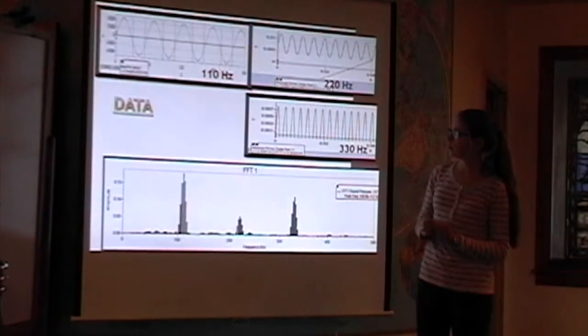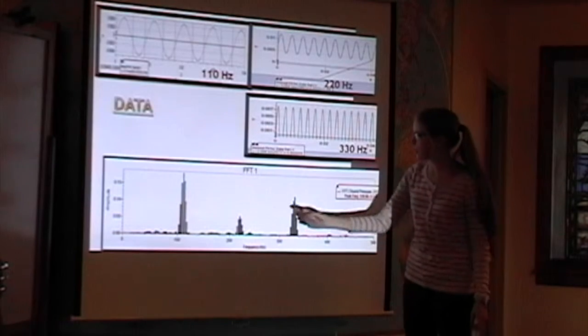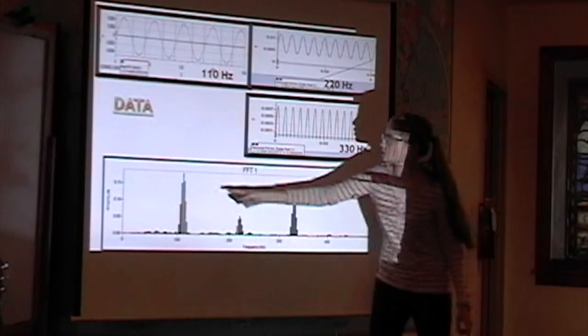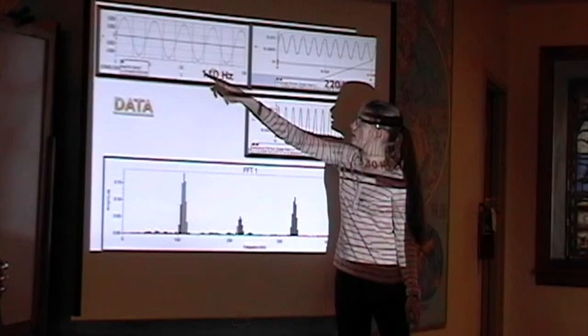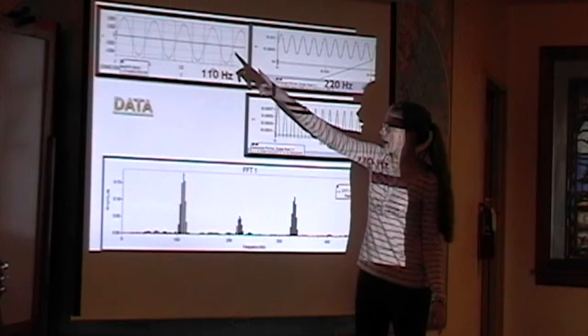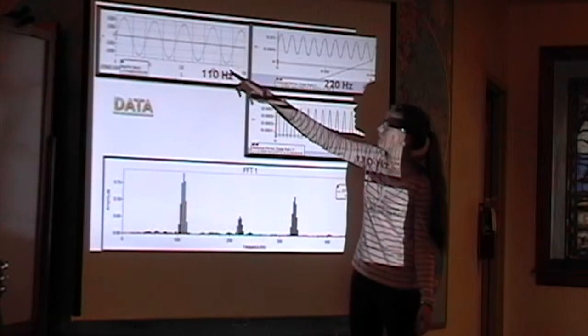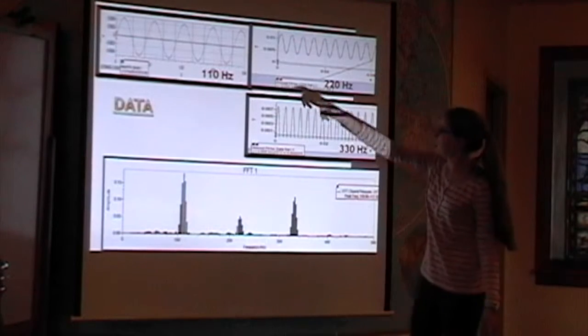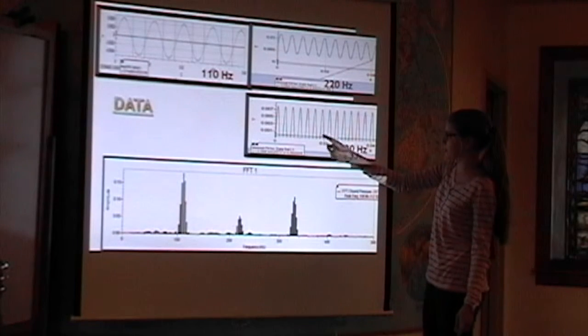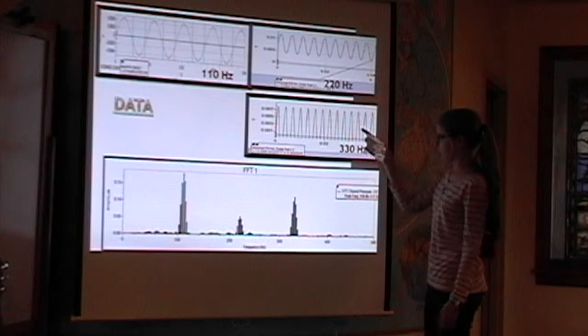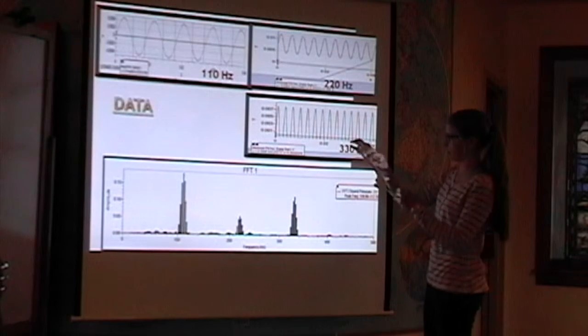Each of these is one of the vibrations. The 110 vibration is this graph, and it moves at a slower pace. Then we see the 220 and the 330, which are so close together as they get to be the farther along vibrations.